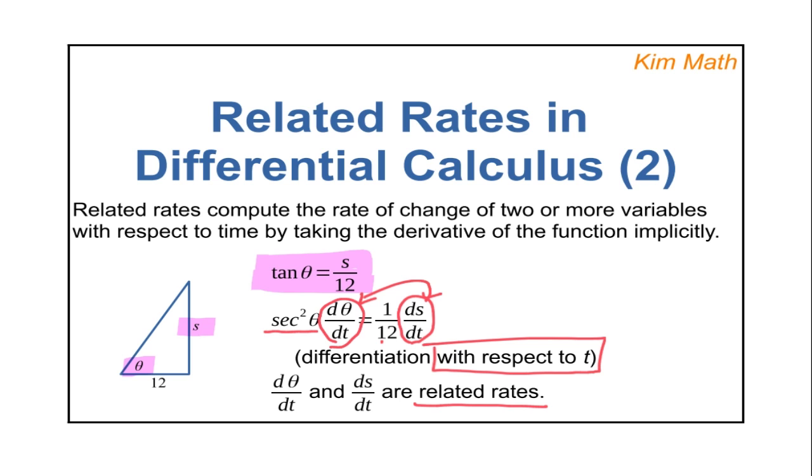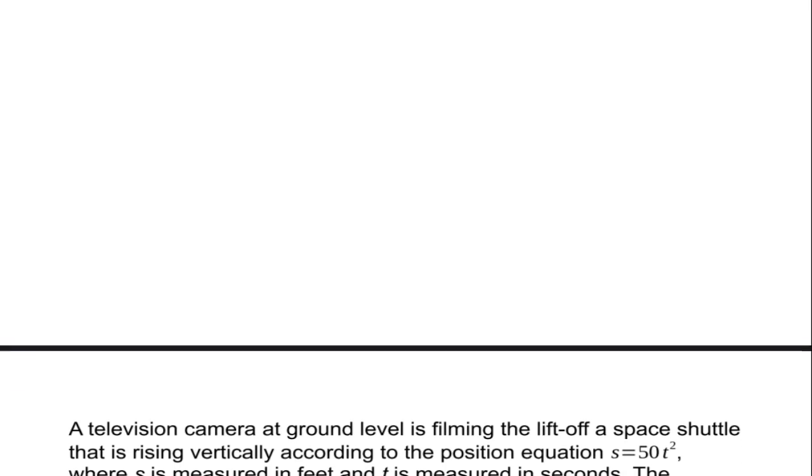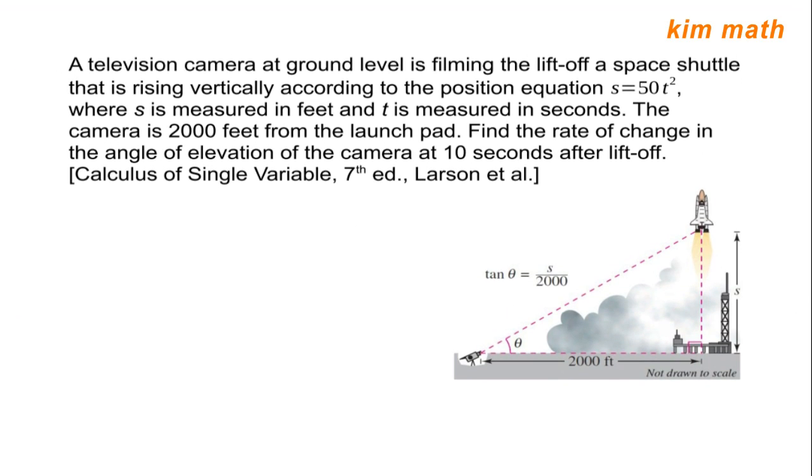Now I have one question. Here we have a television camera, and the space shuttle is moving from here to here, in this direction. Then definitely s is a variable, and the angle of this one is also variable, right?